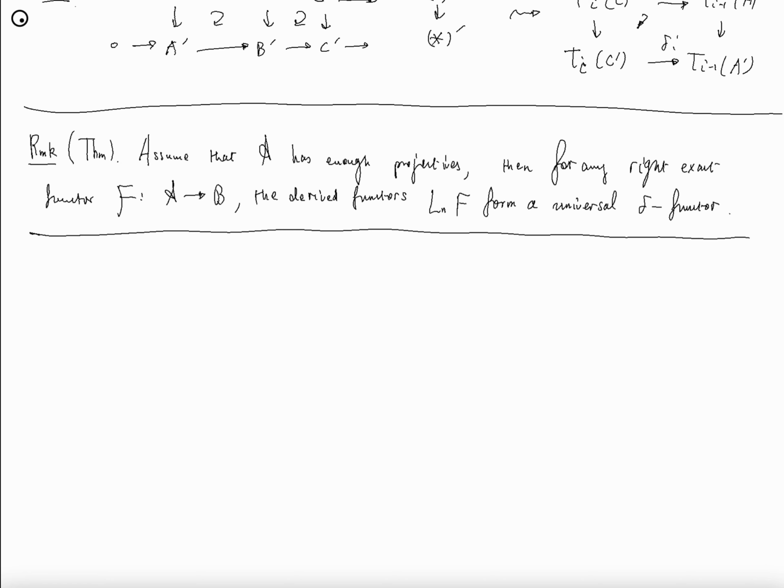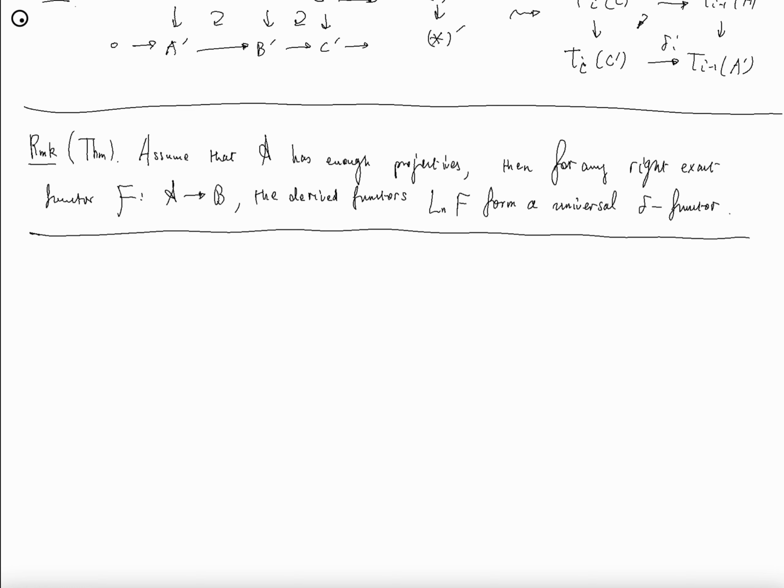So universal delta functor means that for any delta functor there is some universal property, which means when they coincide on the first, there is a natural transformation of delta functors. There is this unique morphism that extends this.